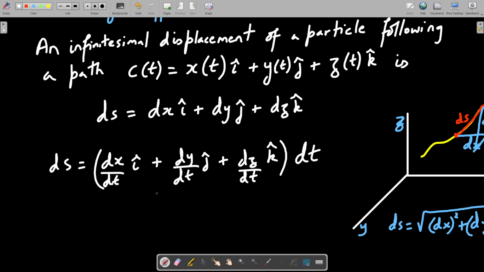So now this gives you your x prime, y prime, z prime. Okay, yeah, so this is the infinitesimal displacement. So the measurement of a very small displacement on the curve is measured like this. Okay, small change in the movement along this curve.